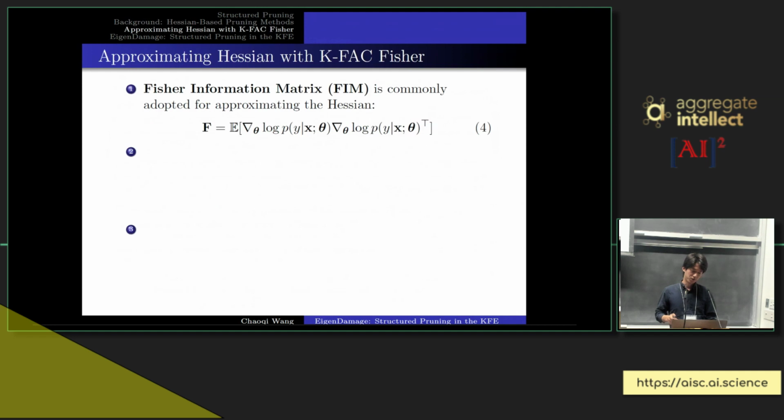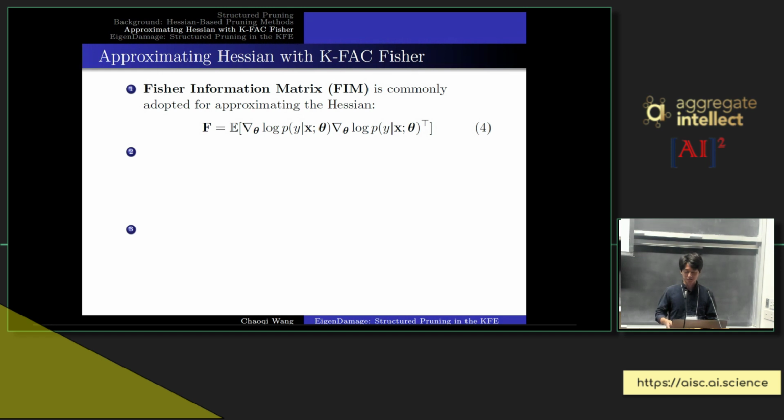So for solving the first problem, we adopted the Fisher matrix to approximate the Hessian. This is very commonly adopted in the literature, and the Fisher matrix is defined as the covariance of the gradient. So it has the same shape as the Hessian matrix, so it is still very large.